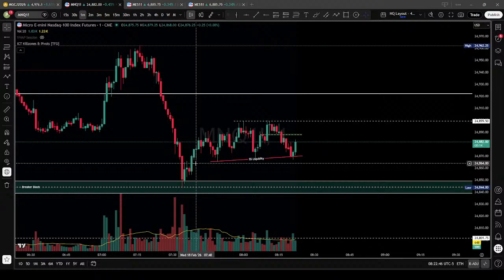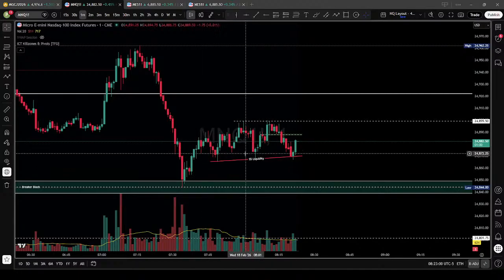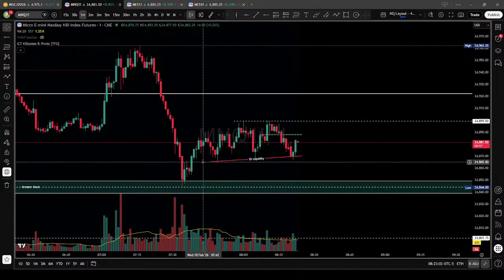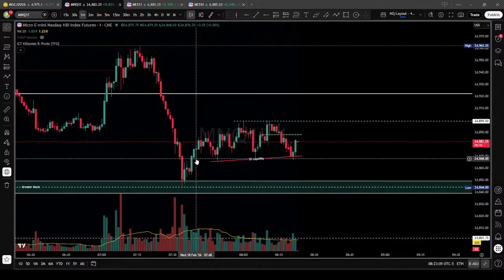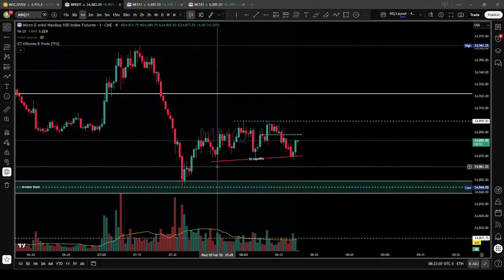So position sizing has improved. Position sizing has had a big impact on these trades. I used to get into 3, 4, 5 NQ, which is like 50 MNQ, right?